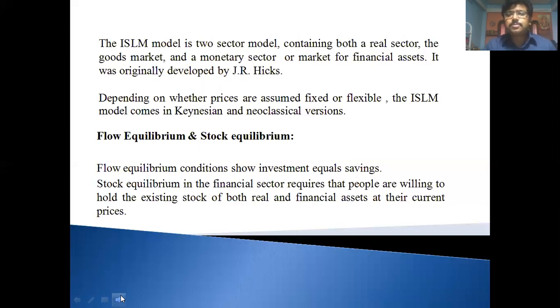So flow equilibrium requires that the amount of output produced must be taken up by willing purchasers. This is a matter of concern in the flow equilibrium.